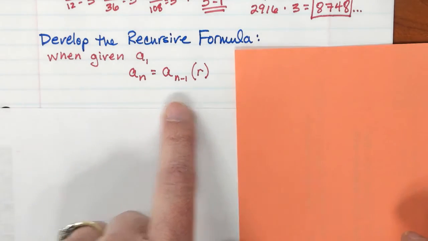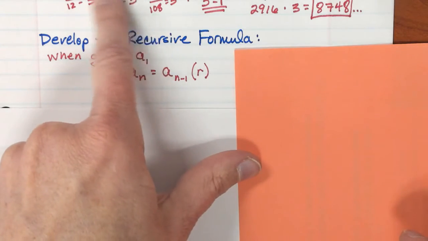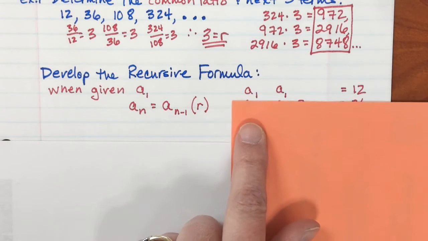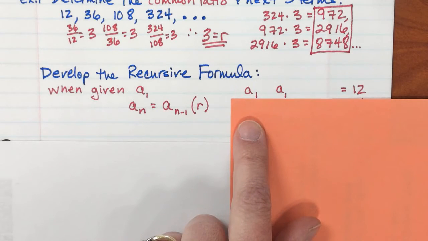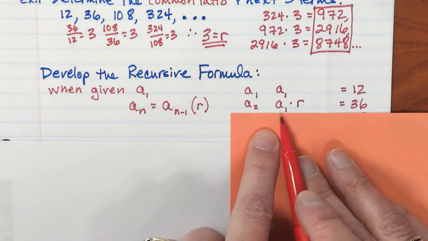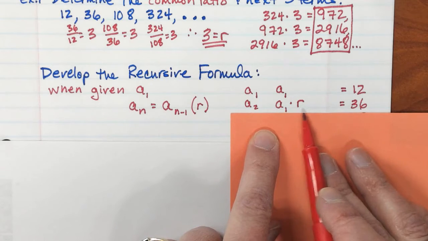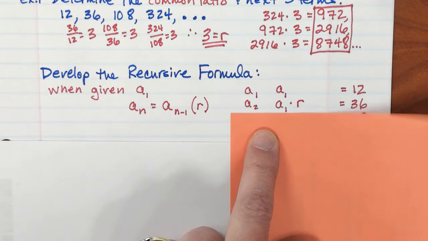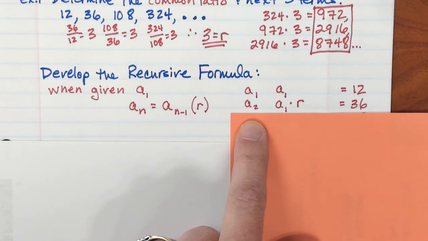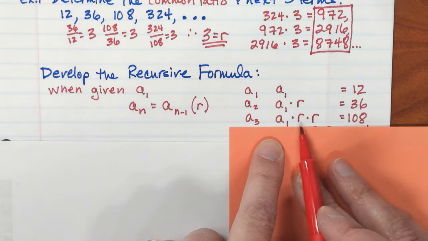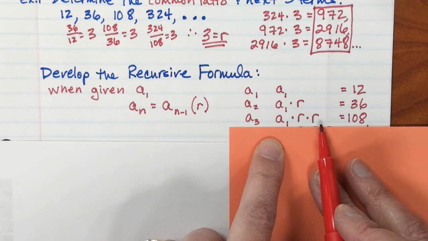So let's look at the sequence that we just did. If I say the first term was 12, the second term is the first term times the ratio, which was 36. Then the third term would be the first term times the ratio again.